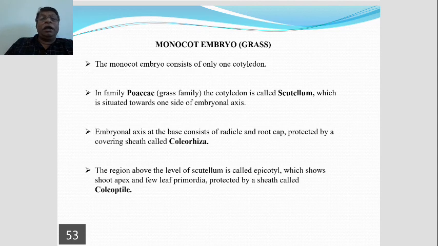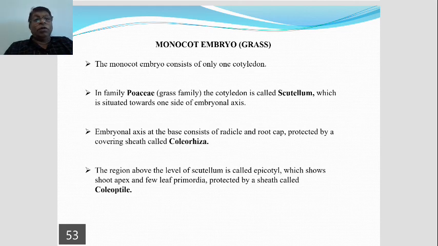The young leaves are called leaf primordia. The shoot apex is protected by another sheath, just like the root, called coleoptile. It is a protective sheath of the shoot apex.